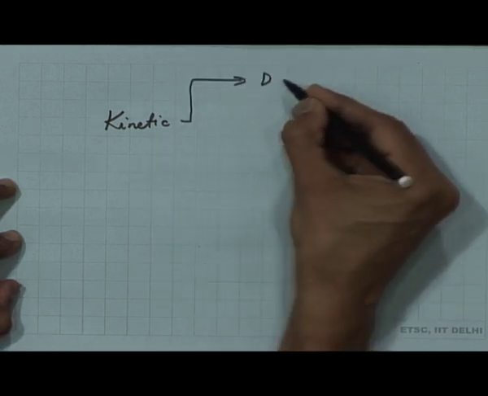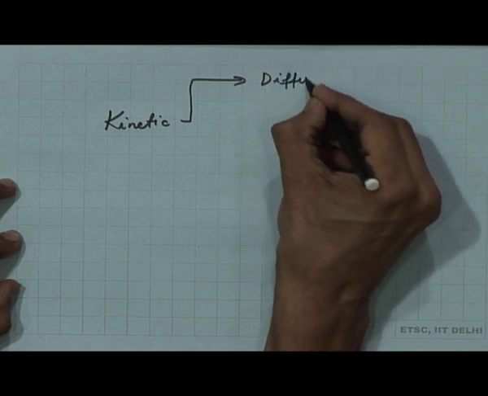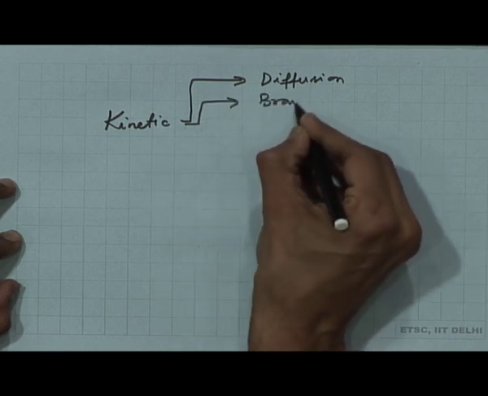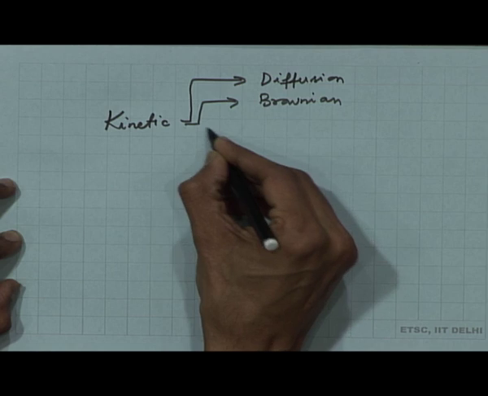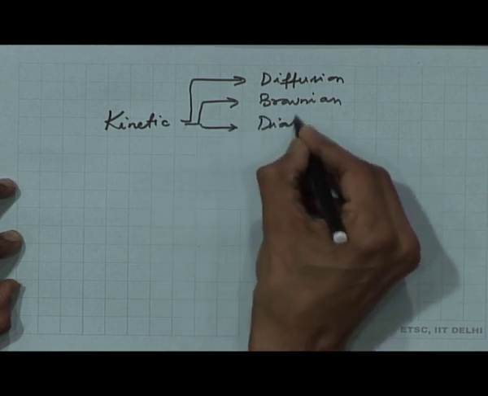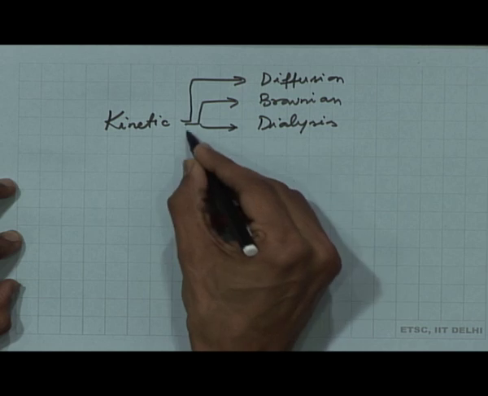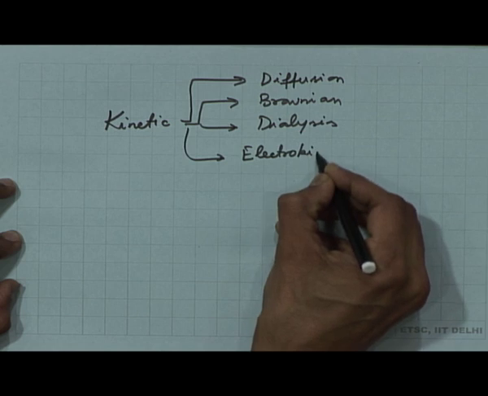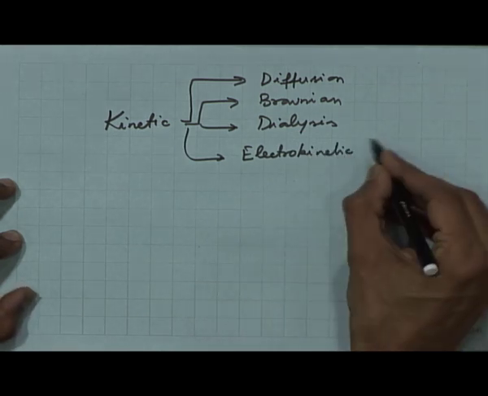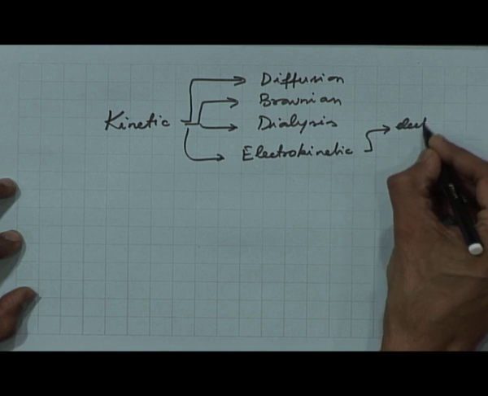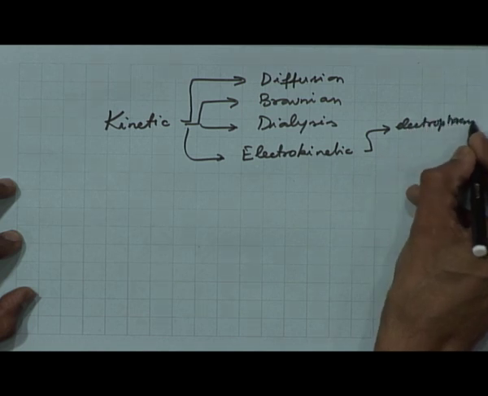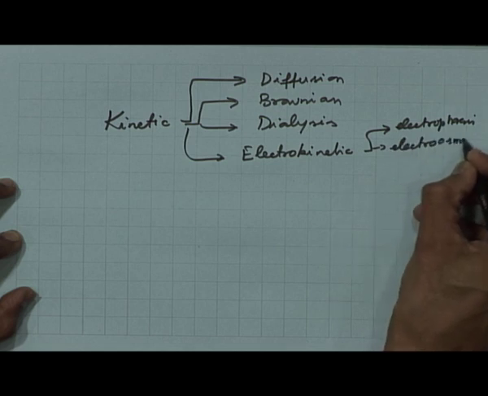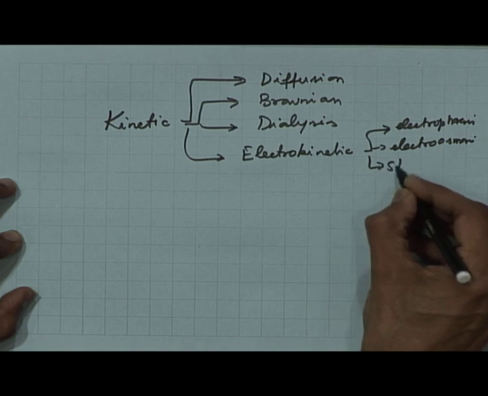So, there is diffusion, there is Brownian motion, there is dialysis, and there is a whole set of electrokinetic experiments in which we have electrophoresis, electroosmosis, and streaming potential.